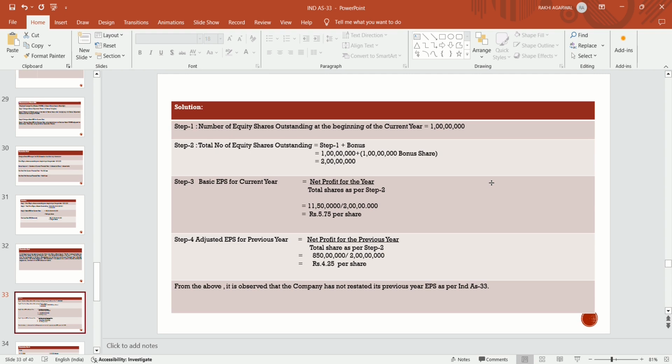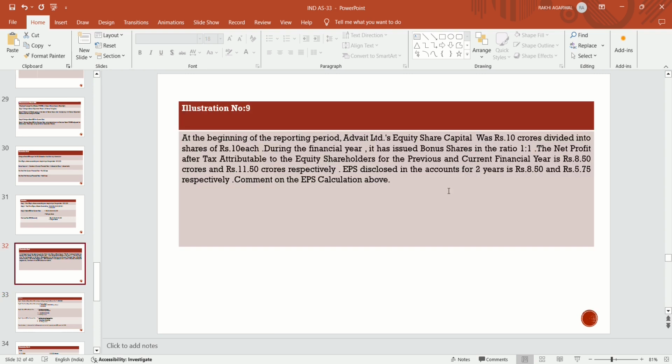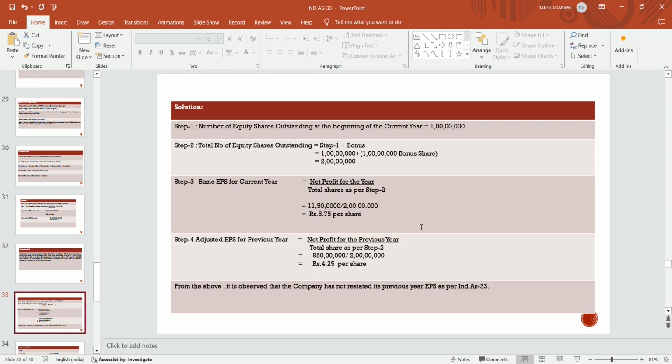During the year there is no fresh issue, so 12 by 12 is the time weighting factor, and it becomes 2 crore only. Basic EPS for the current financial year: net profit is 11 crore 50 lakhs divided by 2 crore, so it becomes 5.75 per share.